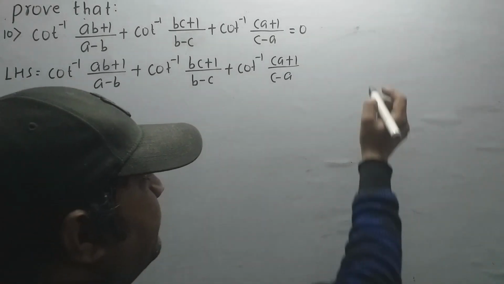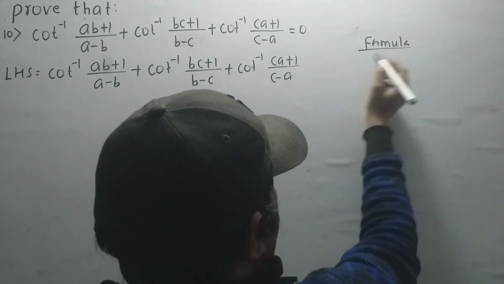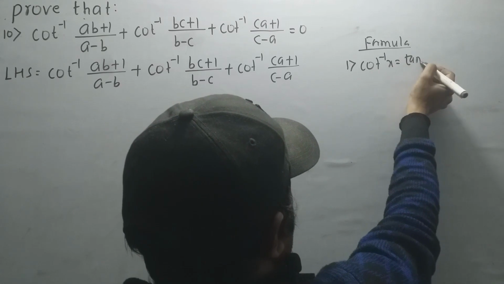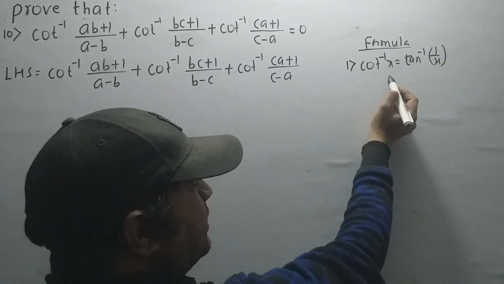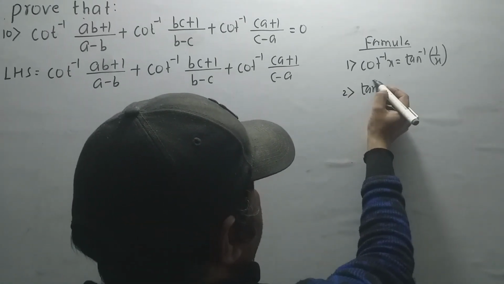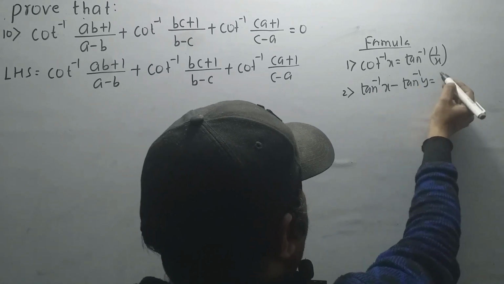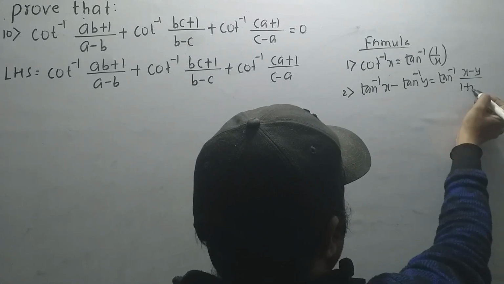But before that, we need to know two formulas here. For cot inverse x, you can change that into tan inverse 1 by x, make it reciprocal. Now you need to remember the formula for tan inverse x minus tan inverse y, that will be tan inverse x minus y by 1 plus xy.